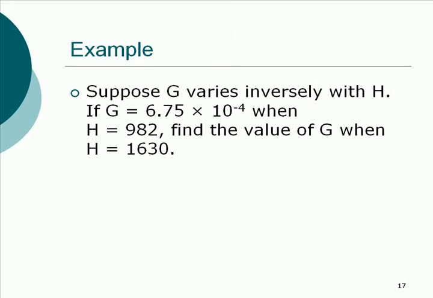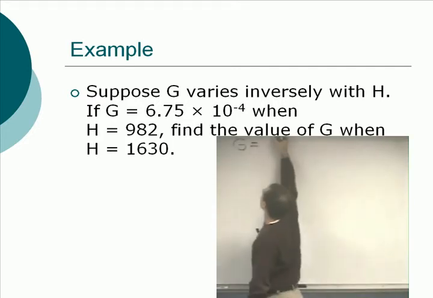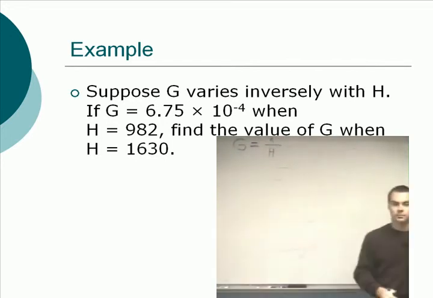Suppose G varies inversely with H. Well, there's your equation. The first sentence tells you to write on your paper what? G equals K over H. G varies inversely with H. There it is.